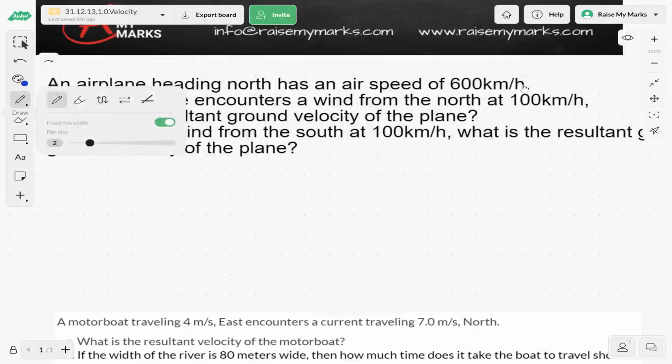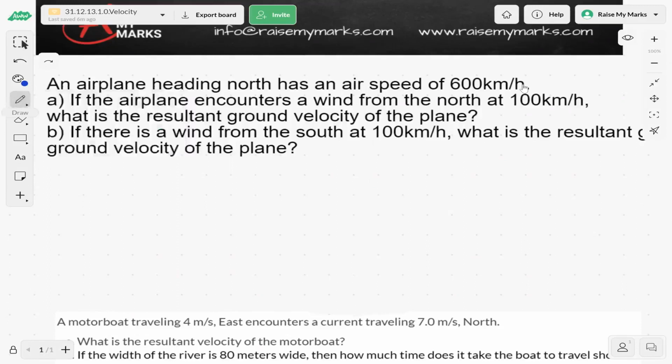All right, so let's draw in some of these vectors. First we have a plane heading north at 600 kilometers per hour, and this is north. This is our plane, so we'll call this VP.